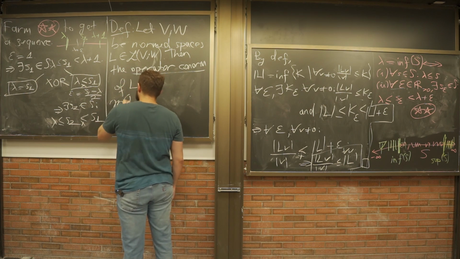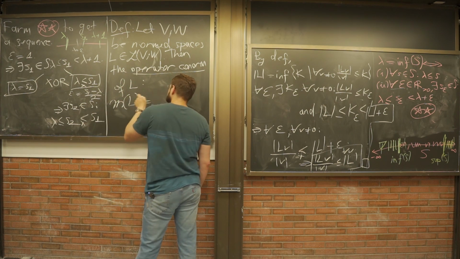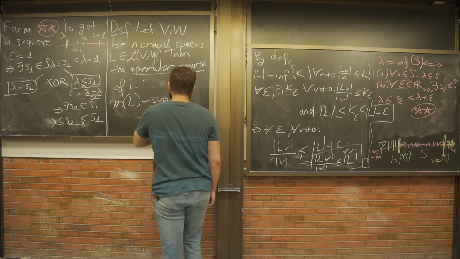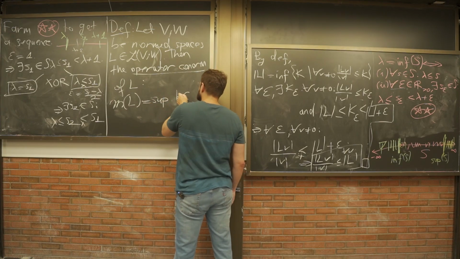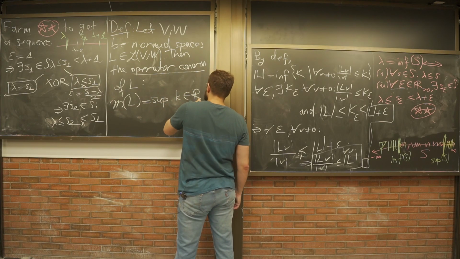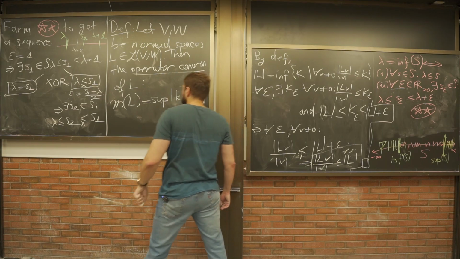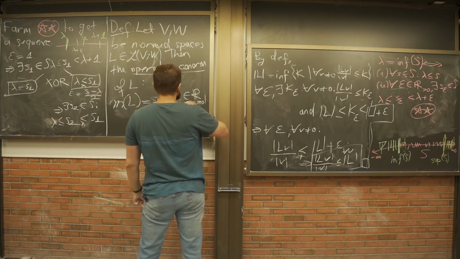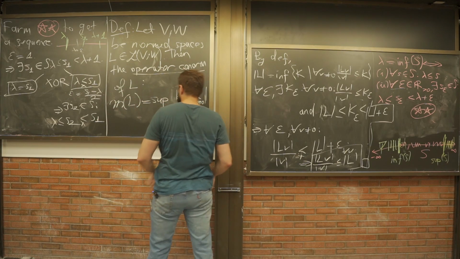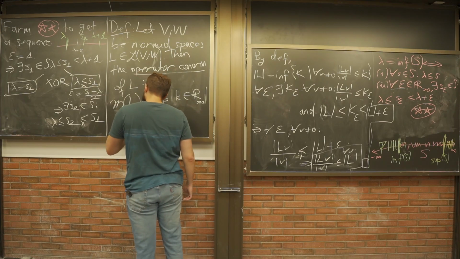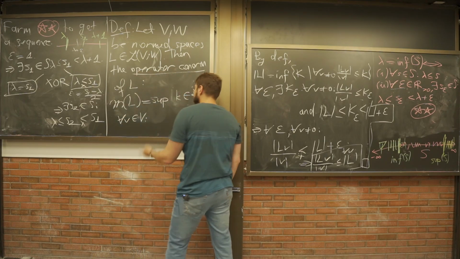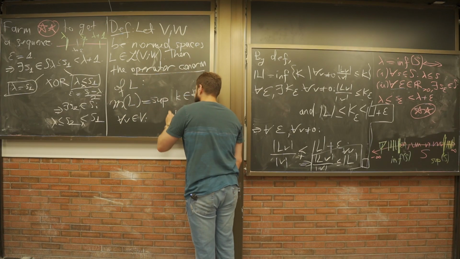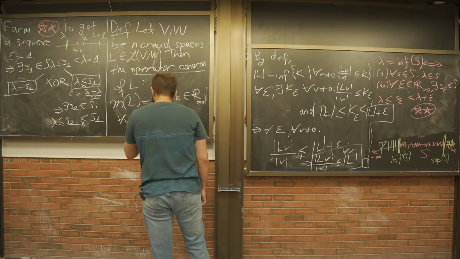M of L is now going to be the sup of, let's say, lowercase k such that for any v in V, instead of upper bounding the image, I'm going to try to lower bound it.